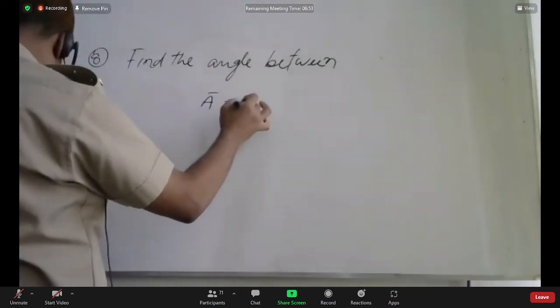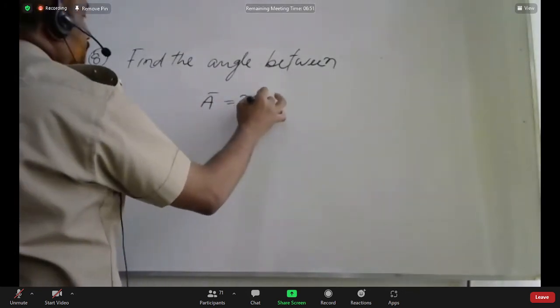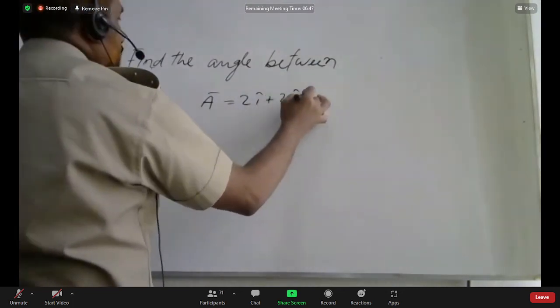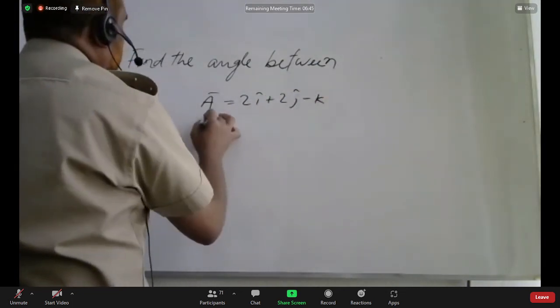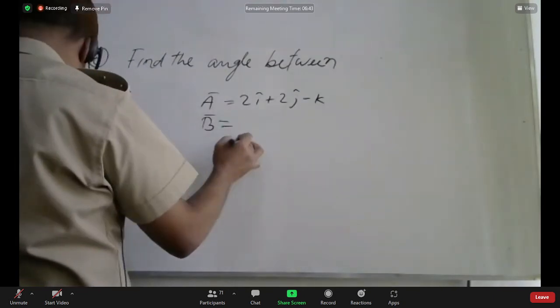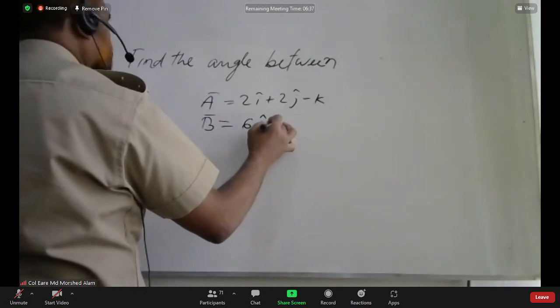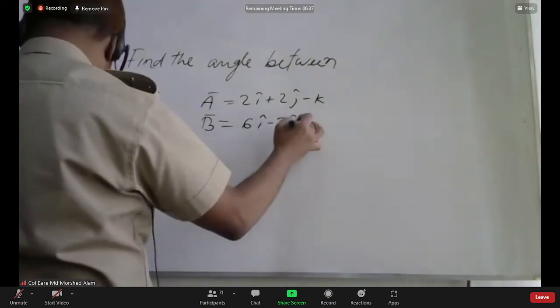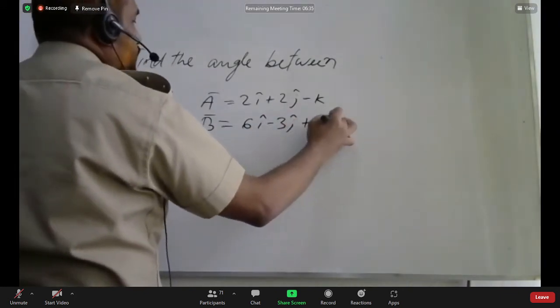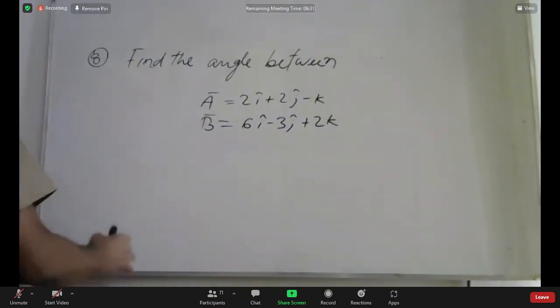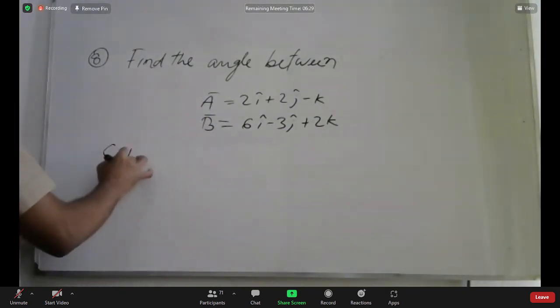Vector A is 2i plus 2j minus k, and vector B is equal to 6i minus thrice j plus 2k. So what will be the angle between these two vectors?